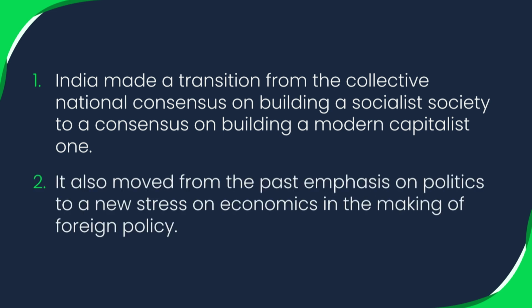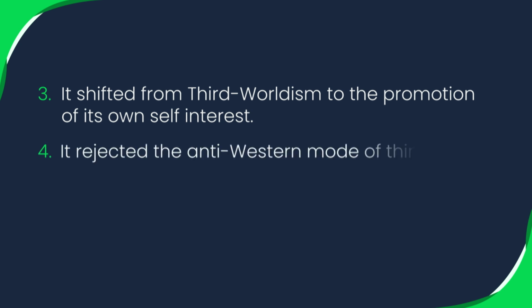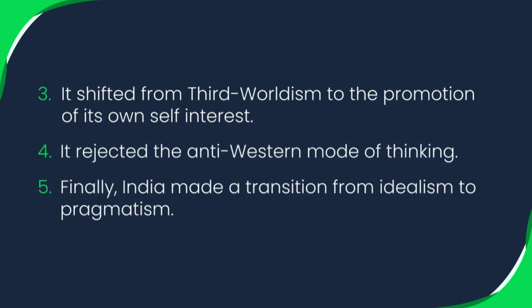It also moved from the past emphasis on politics to a new stress on economics in the making of foreign policy. It shifted from third worldism to the promotion of its own self-interest. It rejected the anti-Western mode of thinking. Finally, India made a transition from idealism to pragmatism.